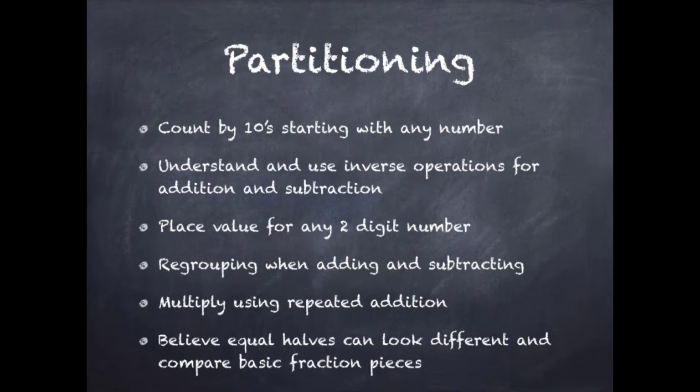Then they understand and use inverse operations for addition and subtraction. They are starting to develop place value for any 2-digit number, and they're starting to regroup when adding and subtracting. The partitioning phase is hugely defined by regrouping: addition and subtraction with regrouping, tens and ones, 2-digit numbers.